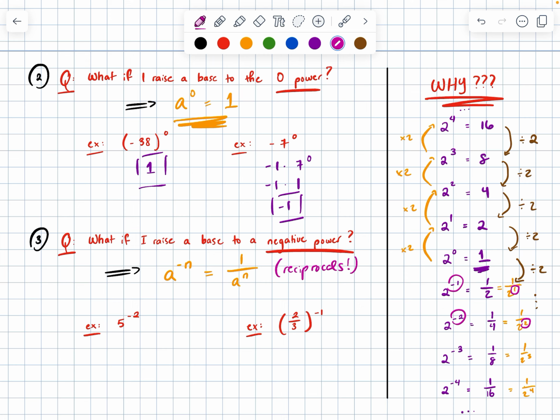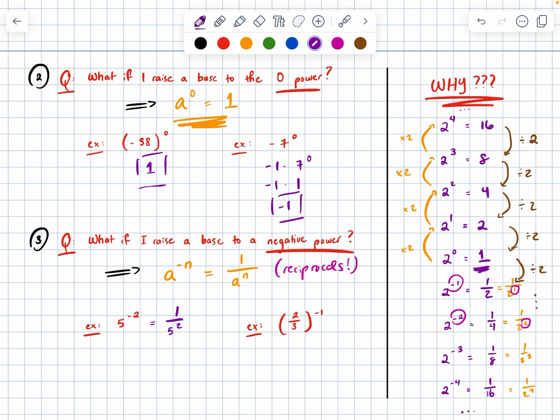So really, what a negative exponent tells me to do is to take the reciprocal of the positive version of the exponent. So here, for 5 to the negative second power, what I want to do is find the reciprocal of 5 to the second power.